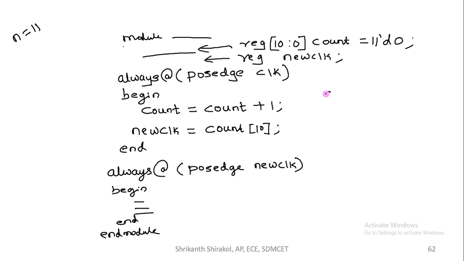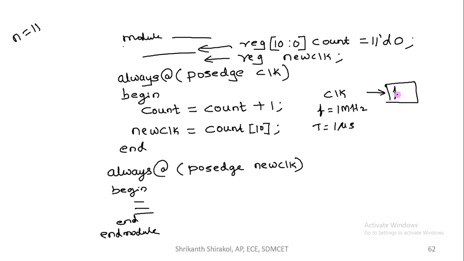For example, if this clock is of frequency 1 megahertz, which comes to be 1 microsecond, 1 divided by mega means 1 microsecond, which is too fast.